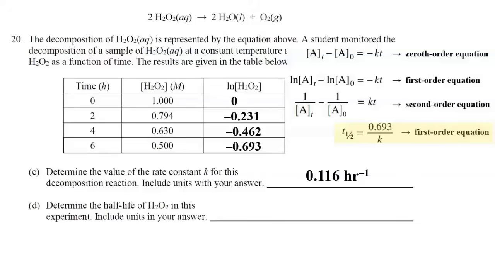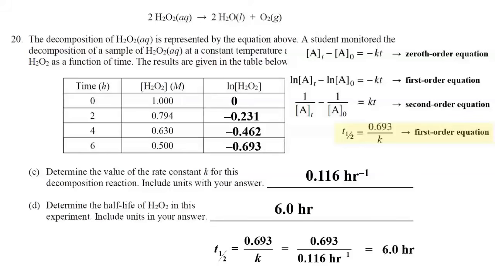Let's go ahead and use that half-life equation. 0.693 divided by 0.116 inverse hours. And if we do that math on our calculator, we get 6. Now, 6 hours is the half-life, which you could probably already figure out from the data in the table, because it does take 6 hours to go from a concentration of 1 molar to a concentration of 0.5 molar.